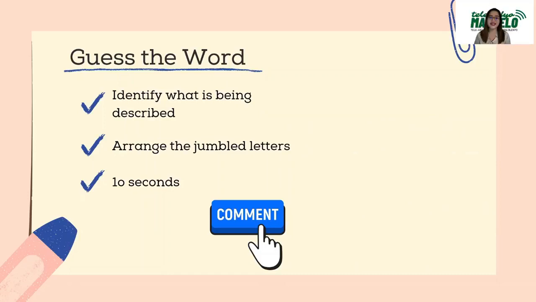So there will be some jumbled letters that will serve as your clue. And of course, you will be given 10 seconds to guess the word. And don't forget to type in your answer on the comment box below. So, are you guys ready? Let's start.